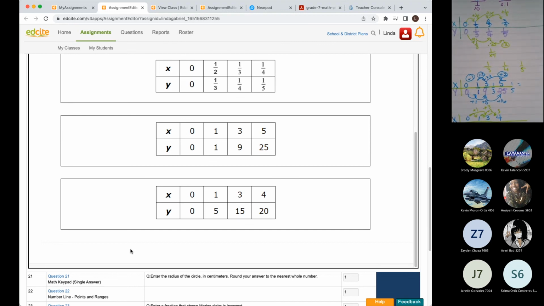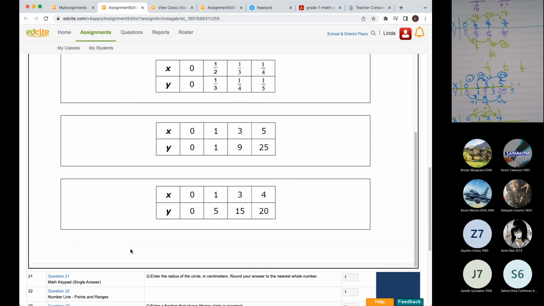Let me see if I can find something with the 1/5, 3/15, and 4/20. If I simplify 3/15, if I divide by 3, that is equal to 1/5. If I simplify 4/20, 4 divided by 4 equals 1, 20 divided by 4 is equal to 5.